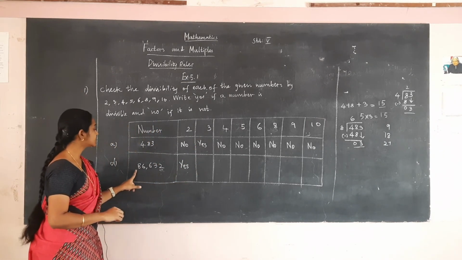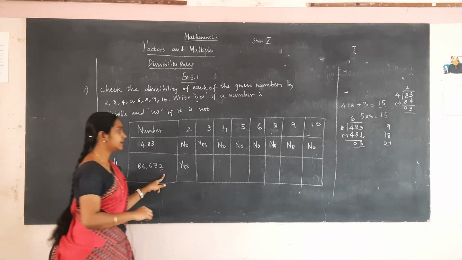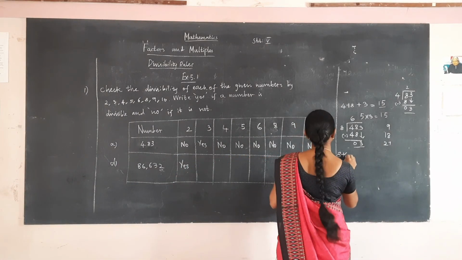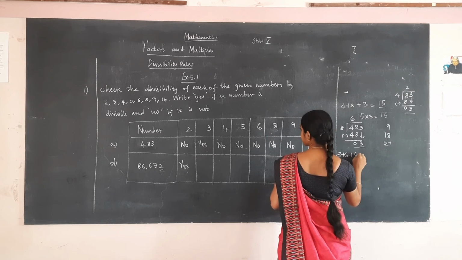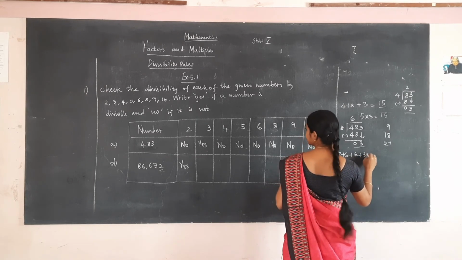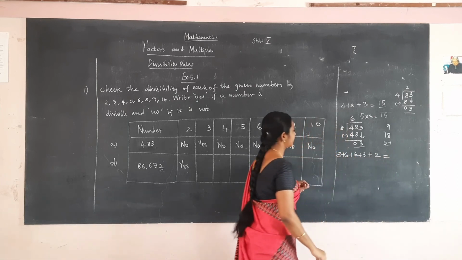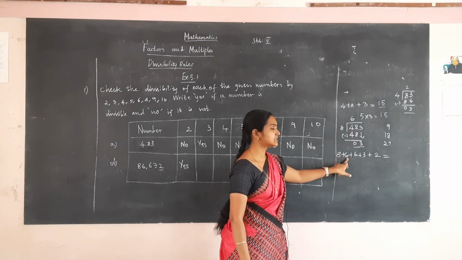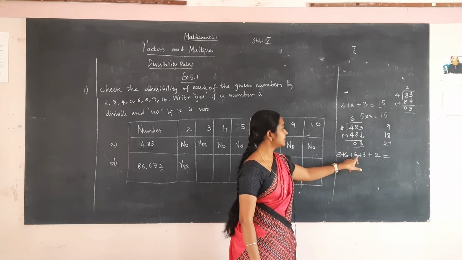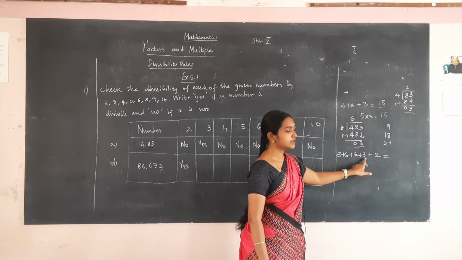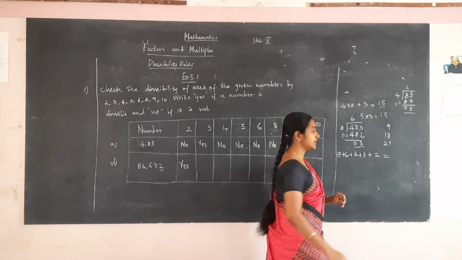Next, divisibility rule for number 3. We have to sum all the digits in the number. 8 plus 6 plus 6 plus 3 plus 2. 8 plus 6 is 14. 14 plus 6 is 20. 20 plus 3 is 23. 23 plus 2 is 25.